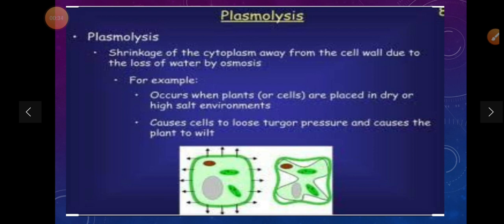This causes the cell to lose turgor pressure and causes the plant to wilt. Means, due to the concentration gradient difference, the water content of the cell will come out and the cell will shrink.